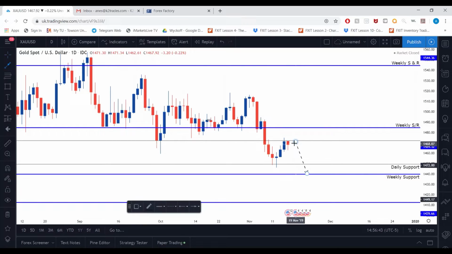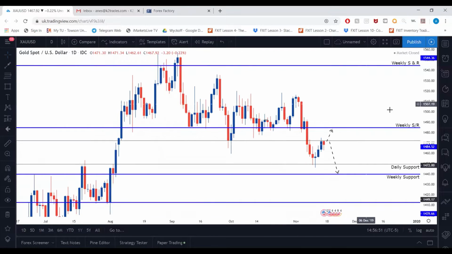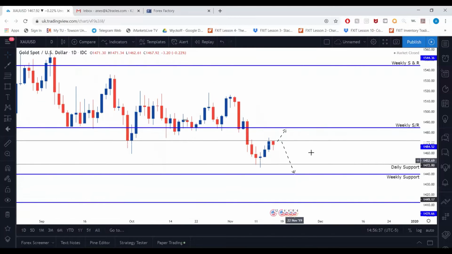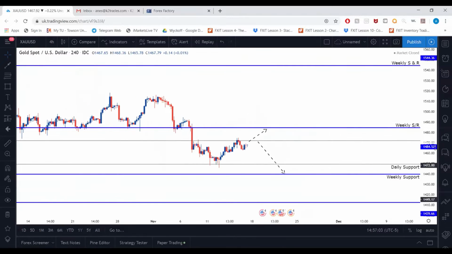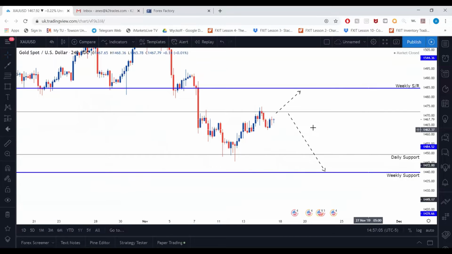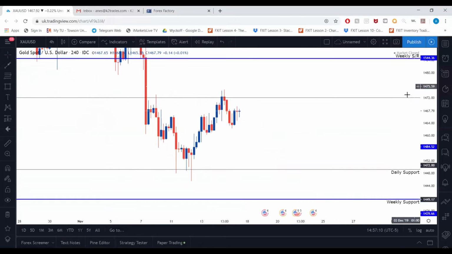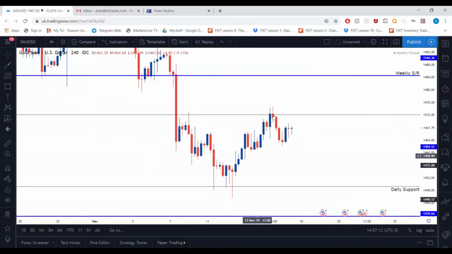Otherwise, if this climbs further up to this resistance, which is at 1484.50, we could see some rejection, because this is now strong resistance that used to be a weekly support. But on a smaller time frame, let's delete this. So 1, 2, 3.